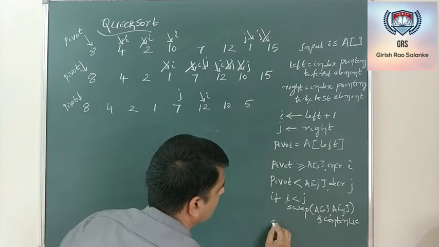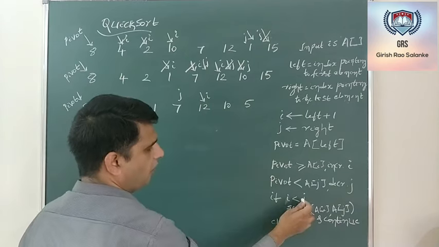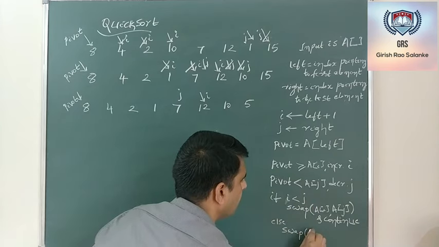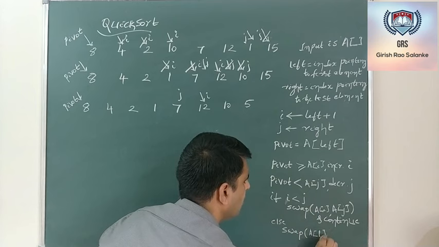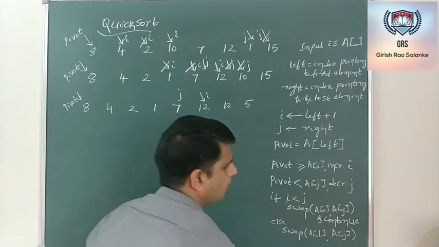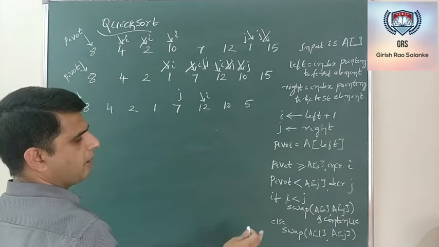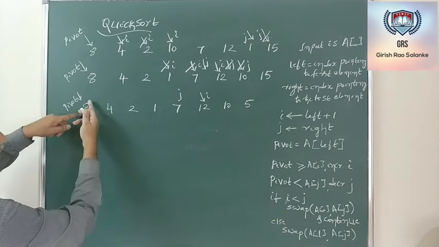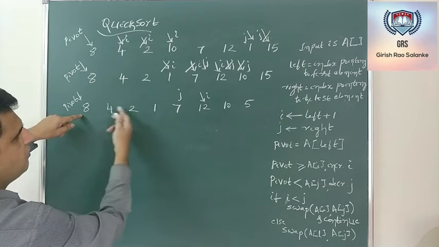So else, if this condition is false, then what do I need to do? I need to swap a of l and a of j. What is your a of l? a of l is the pivot element and a of j is this.